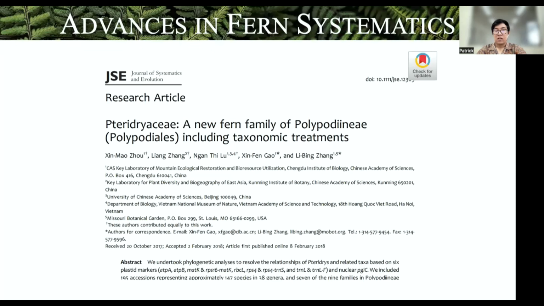Remember that the Pteridophyte phylogeny was published in 2016, and in 2018, Fern Systematics published the separation of some Tectariaceae species into a new family, the Pteridriaceae. In their study, the Tectariaceae sensu lato, or in the broader sense, cannot be unambiguously recognized by any of the analyzed morphological characters.